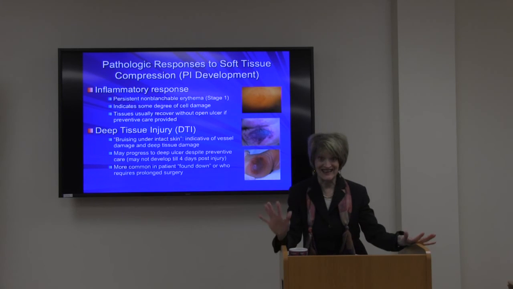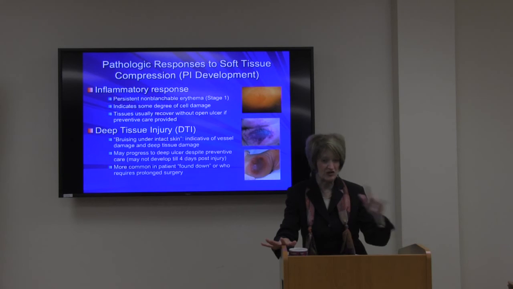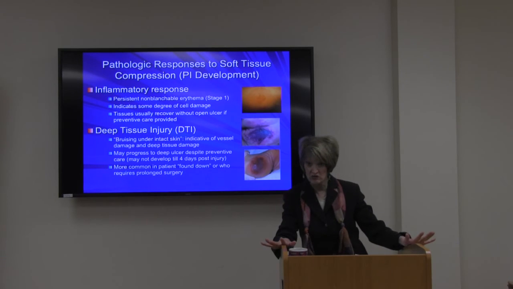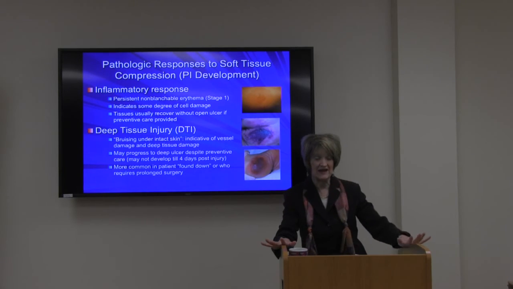And my answer is anything except the patient. It's really not what you put on it, right? If you put something on it, I want it to be transparent so you don't lose sight of that area. But the main thing is to be very aggressive in repositioning the patient, make sure they're on the right support surface, keep them off this area as much as possible so that those tissues can self-repair.